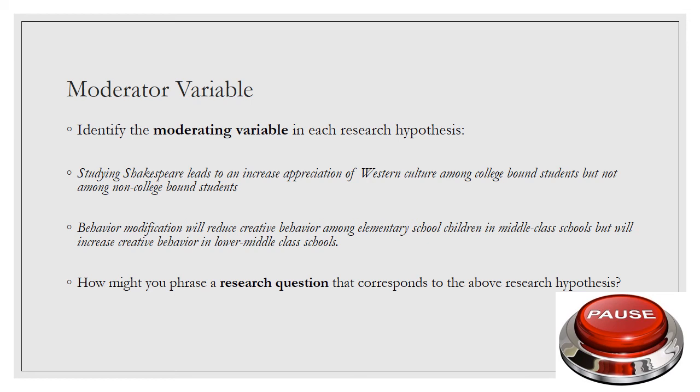So we may have written those questions out as we're thinking about writing these hypothesis statements. For our second hypothesis, you may have written out, what effect does behavioral modification have on elementary school children's creative behavior? Then we could add the moderator. Is there a difference by the economic status of the school?